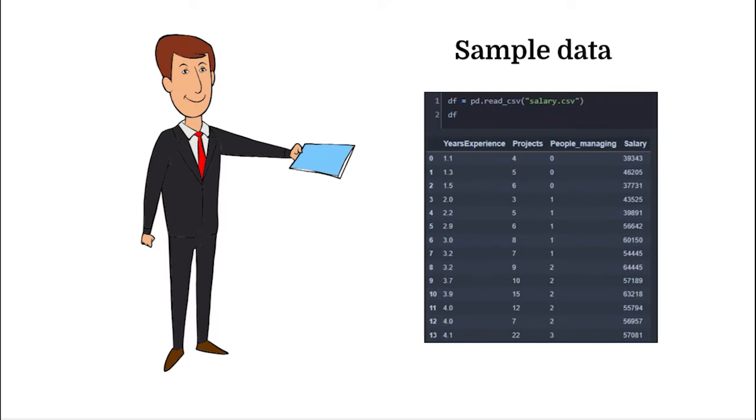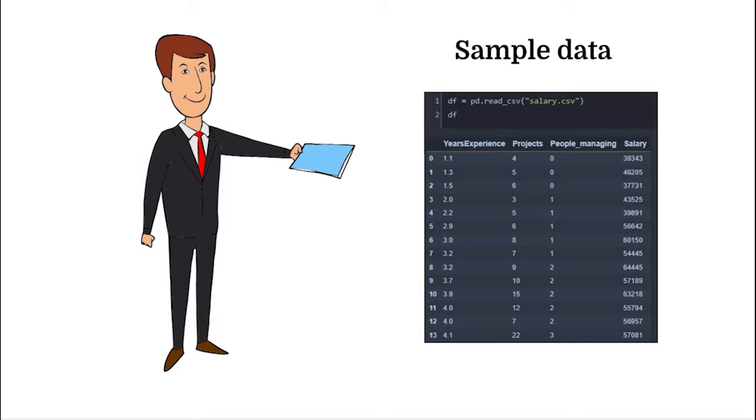For the purpose of demonstration, I will use Kaggle's salary dataset, which is an open source dataset. The dataset has two columns, years of experience and salary. It is expected that the higher the number in the column years of experience, the higher the value in the salary column.